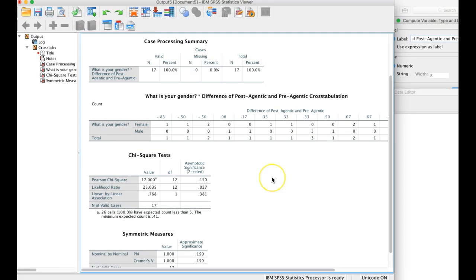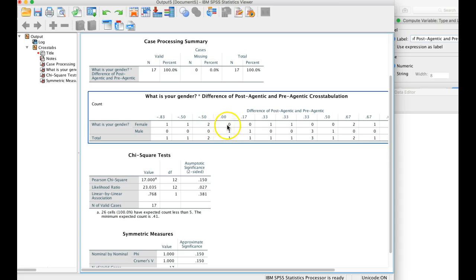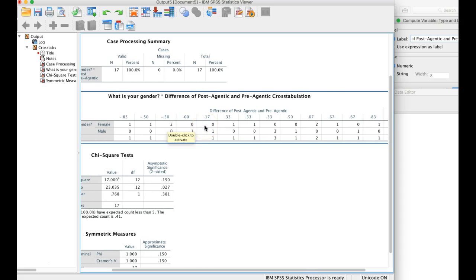And it's interesting. Post minus pre for several of the girls was a negative. So they had stronger leanings toward agentic careers before they started the intervention. By subtracting those two variables, I got a negative number for the females.